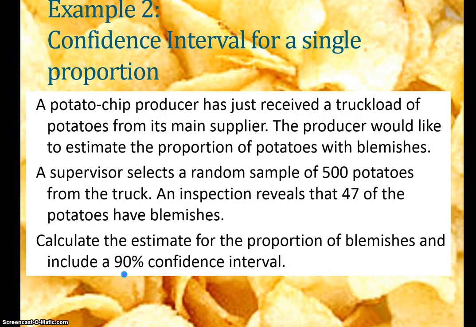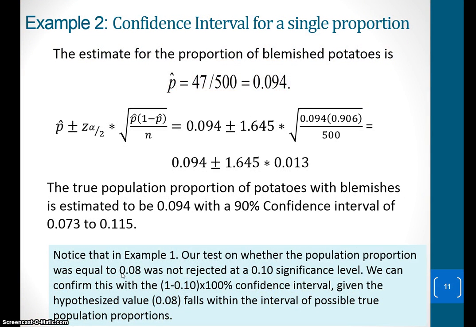So how are we going to do this 90% confidence interval? Pretty straightforward. It's simply plugging in some values. The estimate for the proportion of blemishes, again, was 47 out of 500 potatoes, so our sample proportion, p hat, is 0.094. Here we can use this calculation to get an upper and lower bound.